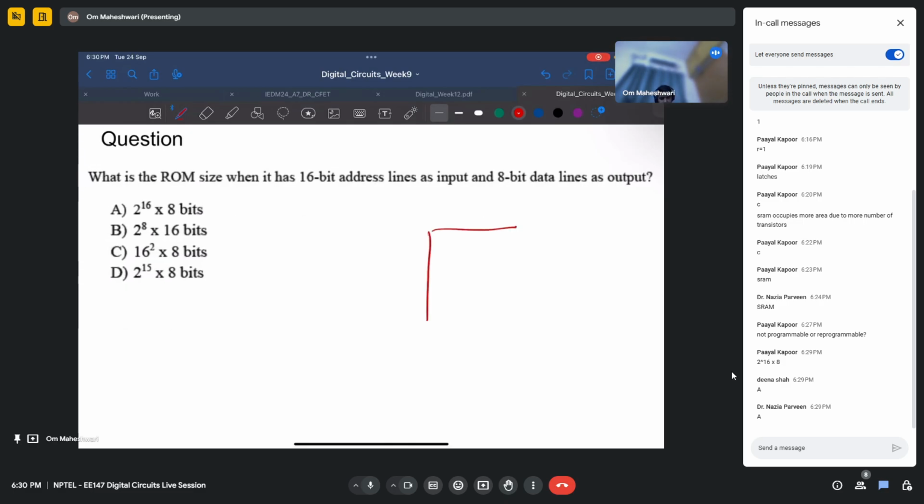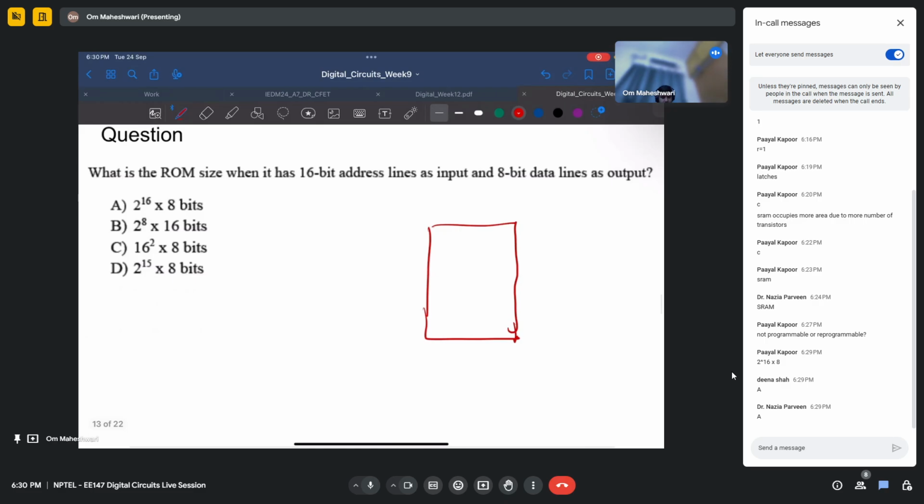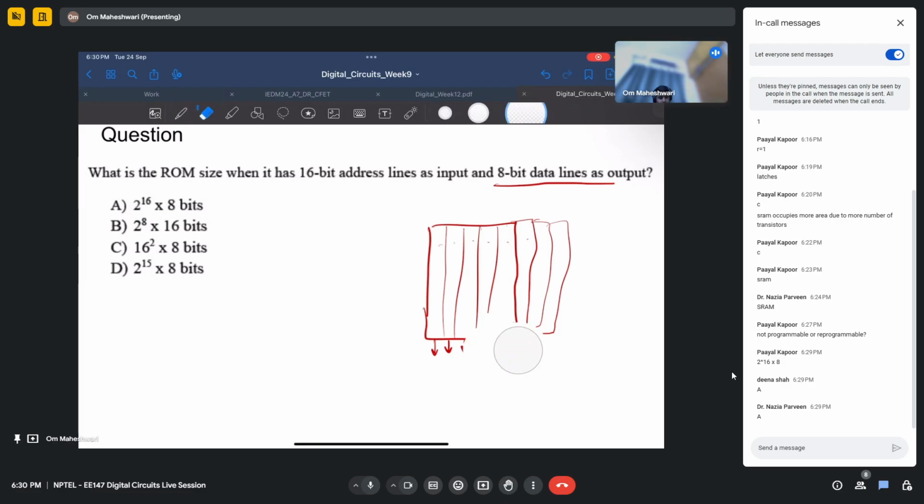What does this mean? Let's say this is some memory bank. They are saying we have 8-bit data lines as output, so we have 8 outputs here. That means we have a total of 8 bits: 2, 3, 4, 5, 6, 7, 8. Right? So each word contains 8 bits.